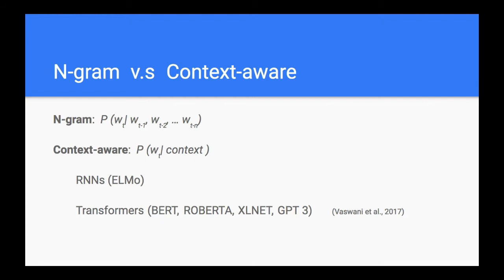Until context-aware models, which are neural network models, got really popular, n-gram was the dominant model in terms of language modeling. Another approach, which is what people mostly use now, is context-aware language modeling. You can have access to usually a very long window of context.